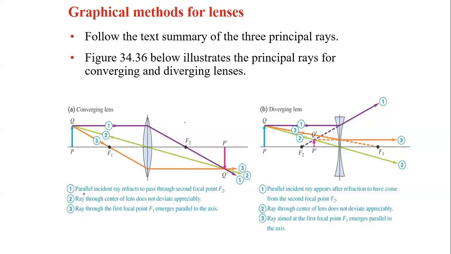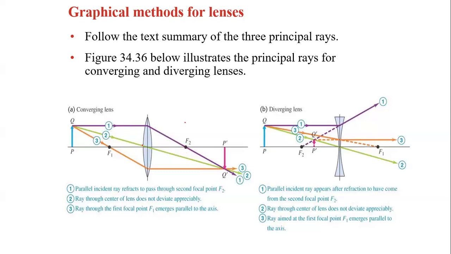It's best that you use a protractor, or you can also use a ruler for this. For an object with a length PQ, you draw from point Q a ray which is parallel to the axis, and passes through the second focal point F2.